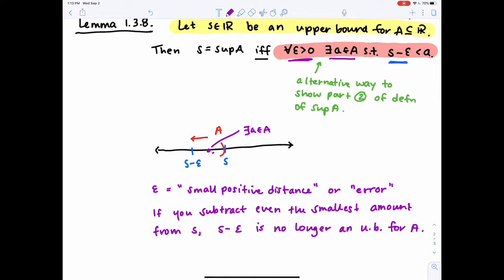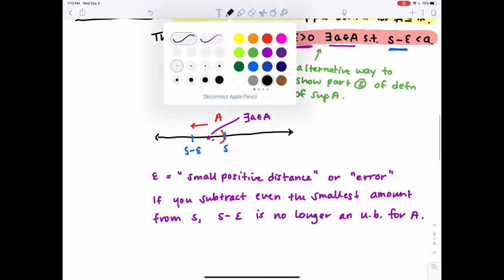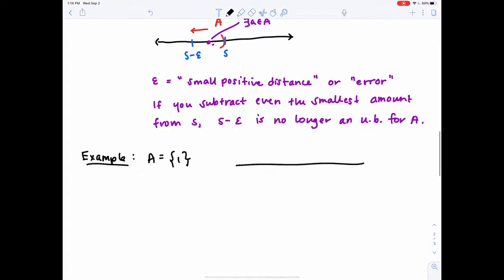Now it is possible, as I said, that the number a you get is S itself. I'll give you an example of when that happens. Suppose I have the set of just the number 1. If I take a look at this on a number line, all I have is the number 1 right here in my set.